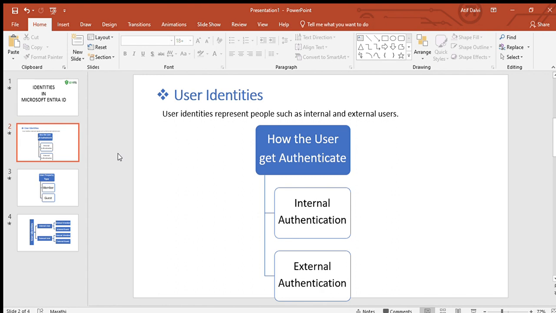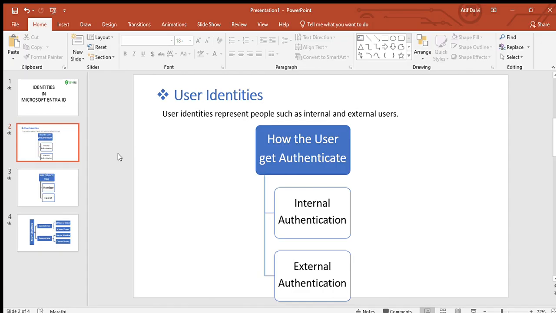Internal authentication means the user has an account on the host organization of Microsoft Entra ID and uses that account to authenticate to Microsoft Entra ID.